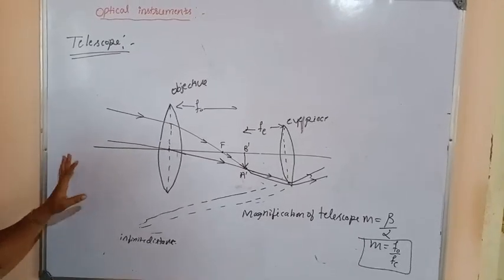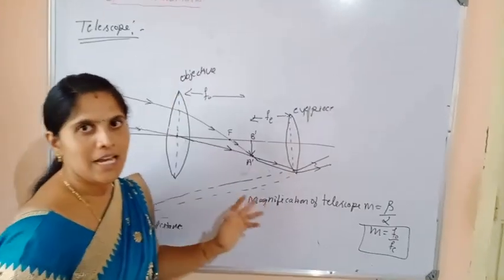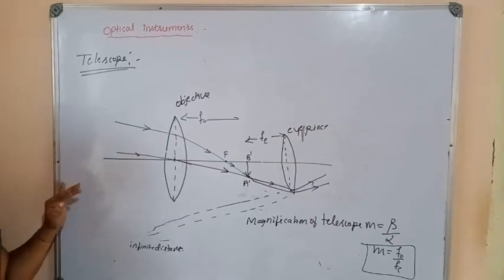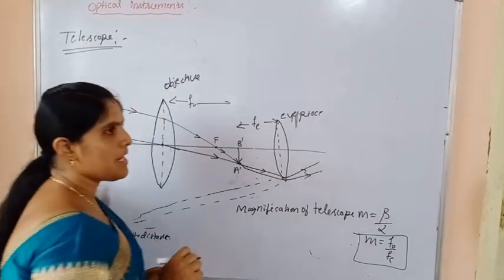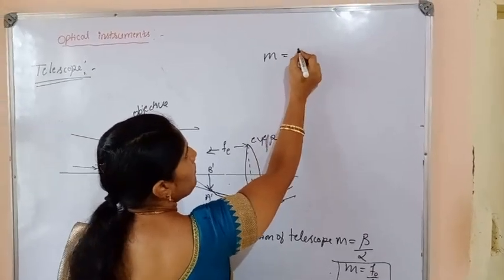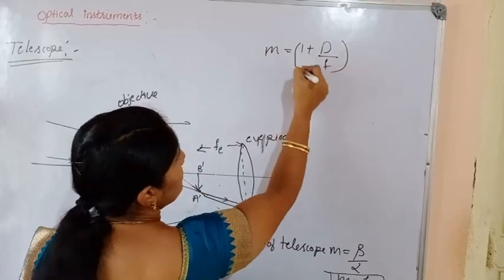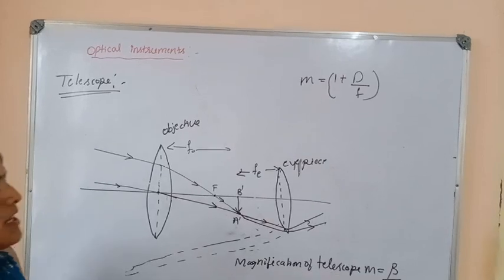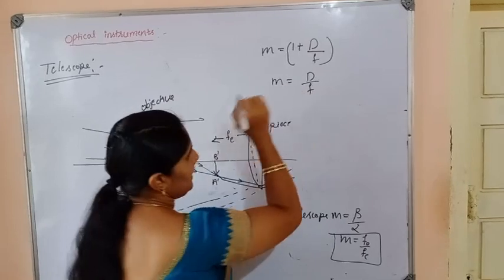Okay, here also the ray diagram and the magnification power formula are important. Once again, you will remember that the magnification power of a simple microscope, when the image is formed at near distance, is given by M is equal to 1 plus D by f. Magnification power of a simple microscope, when the image is formed at infinite distance, is given by M is equal to D by f only.